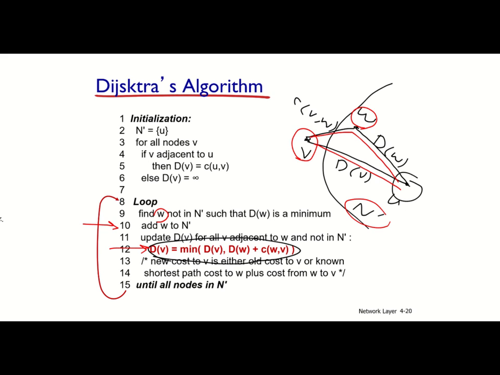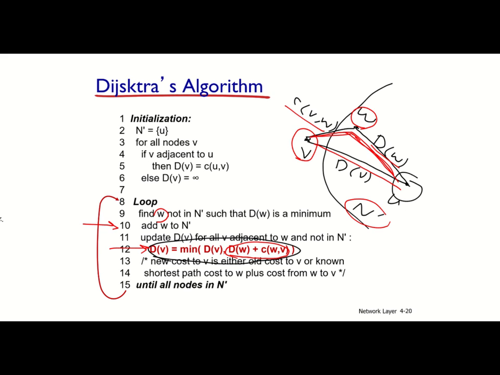The path that goes through w has the cost of d of w plus c of v and w. This is c of v and w, this is d of w. If you add these two values, we get the cost of this path that I mentioned here.